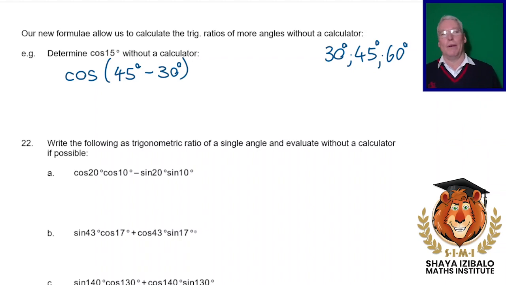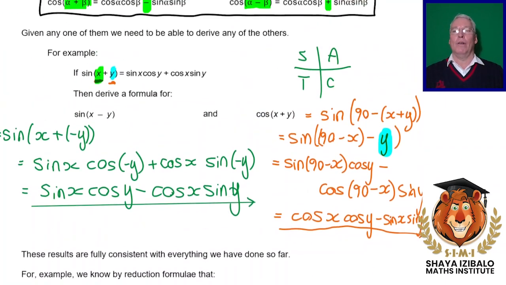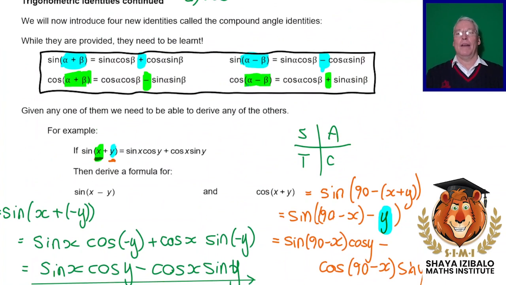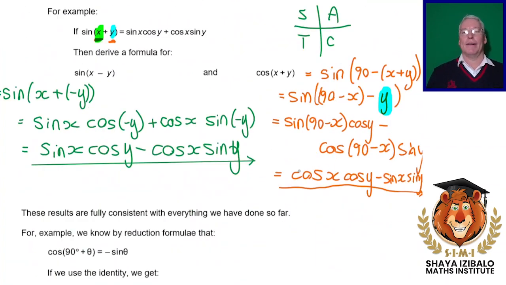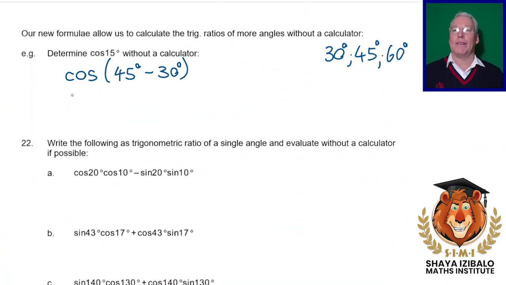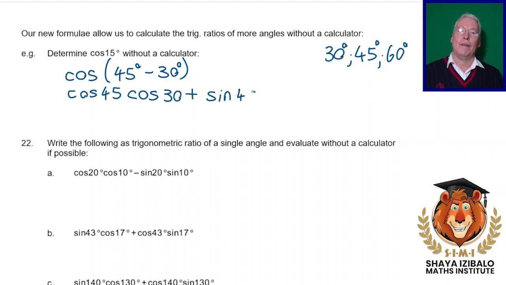Now remember the formula, and we're going to scroll back up to the top just to show you. It's cos times cos, all right, and then a plus sine times sine. So have a look at this. It's going to be cos 45 times cos of 30, and then a plus sine of 45 times the sine of 30.